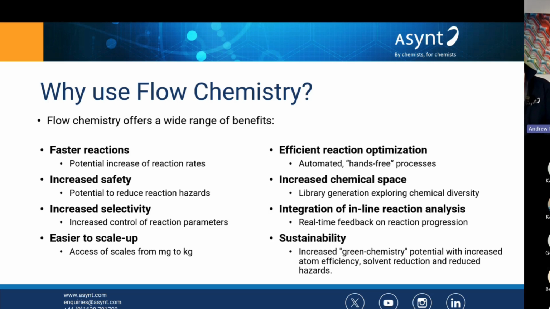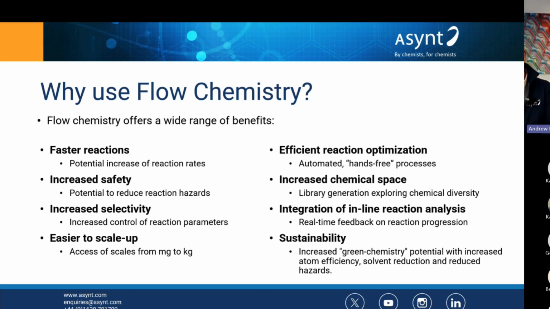It's easier to scale, and that will become apparent. It's a continuous process, so we can optimize on those milligram scales where we're only interested in data, and then we can use the same system to flow for longer, to put more reagents into our experiment and produce more material.